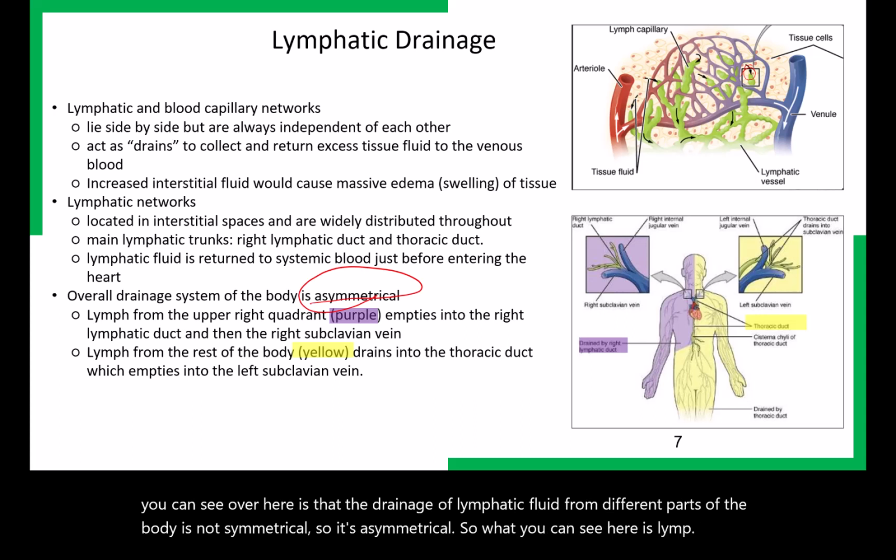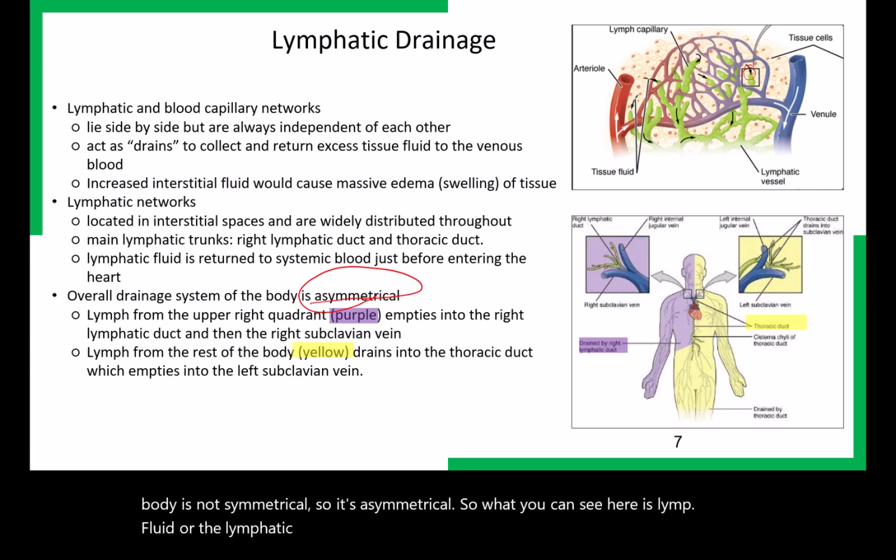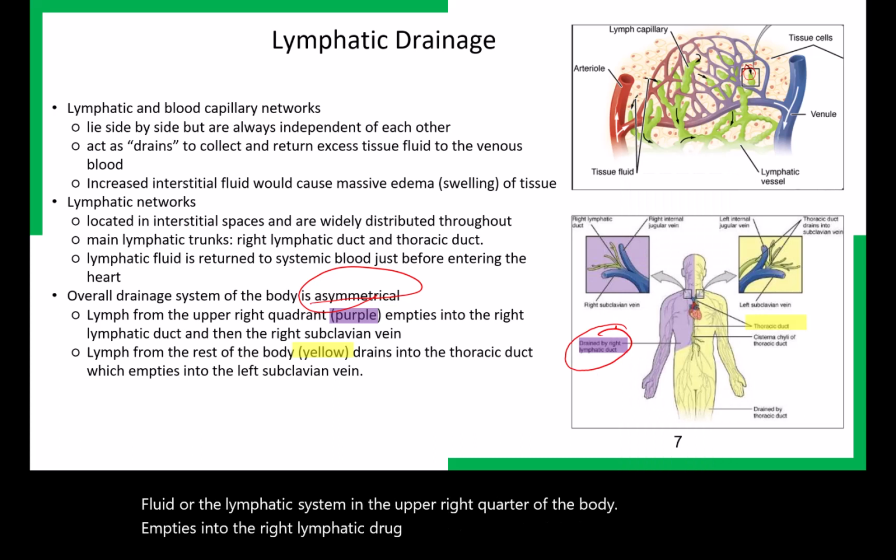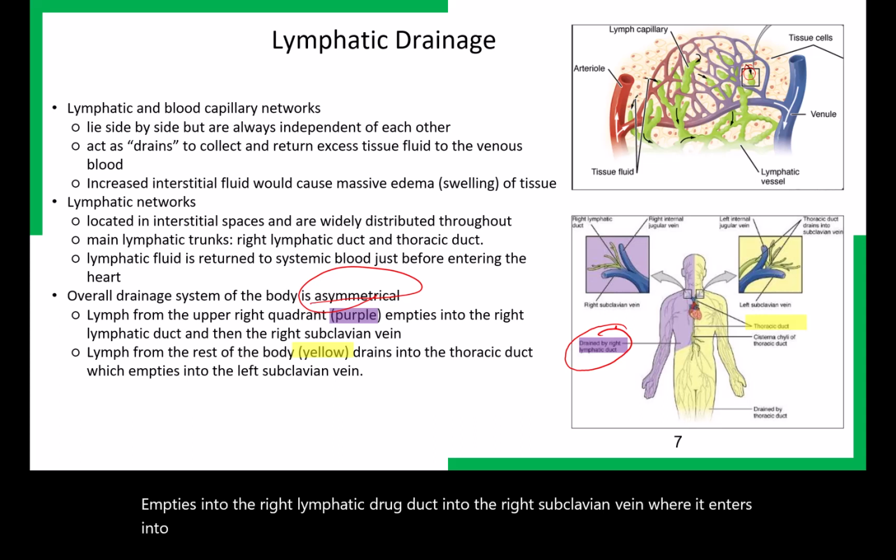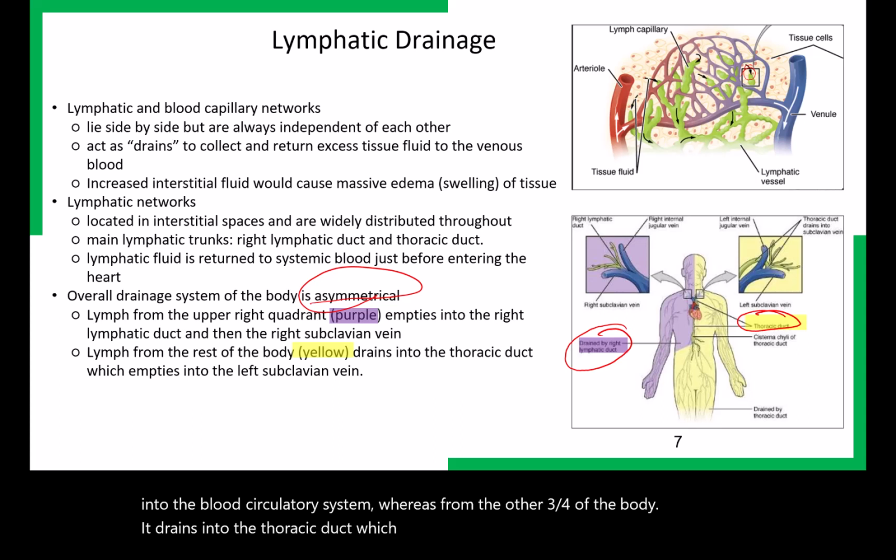What you can see here is that lymph fluid, or the lymphatic system, in the upper right quarter of the body empties into the right lymphatic duct and then into the right subclavian vein, where it enters the blood circulatory system, whereas the other three quarters of the body drain into the thoracic duct, which then empties into the left subclavian vein.